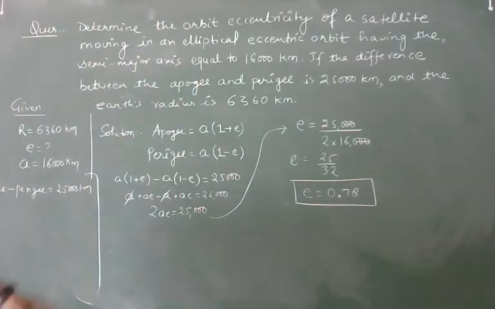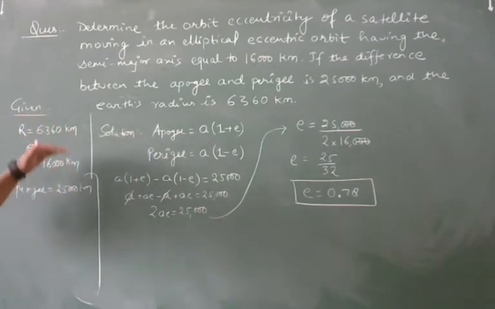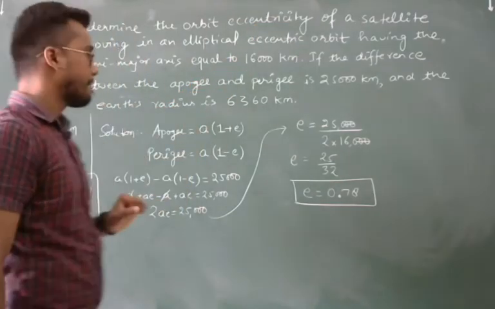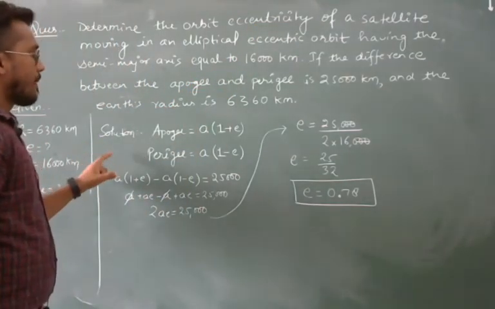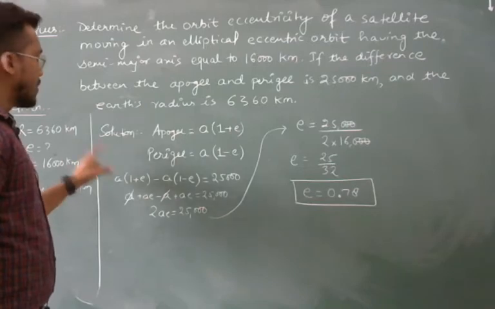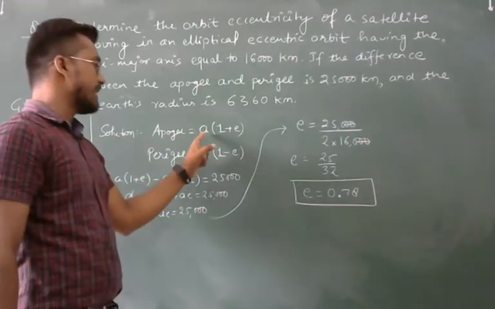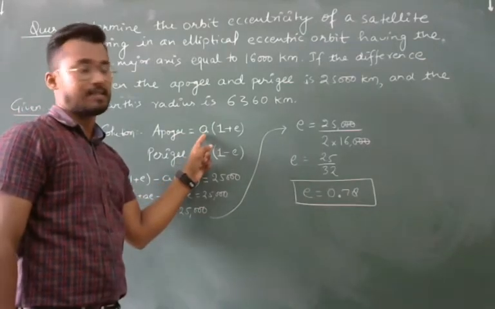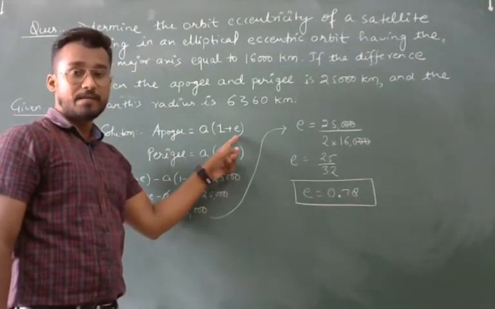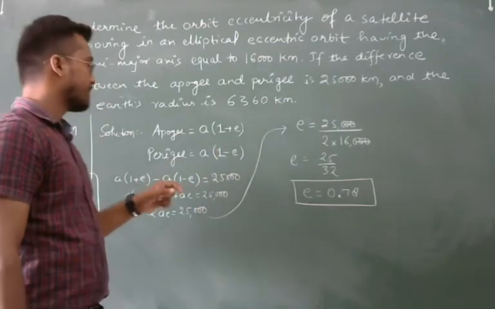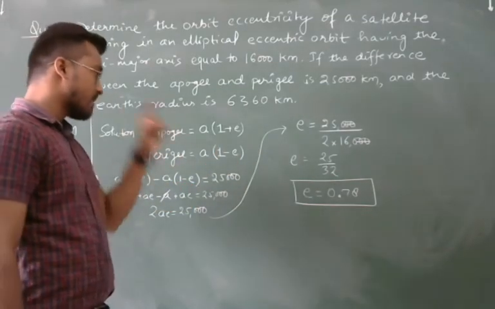See, with the help of these given data, we were asked to calculate the value of eccentricity, and we know the apogee can be represented as A(1 plus E). A is the semi-major axis, and E, which we have to find out, is the eccentricity. Perigee is A(1 minus E).